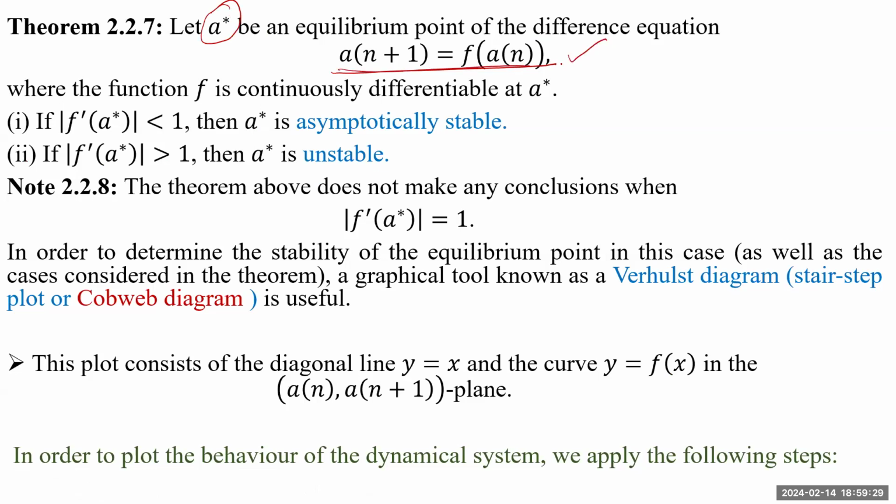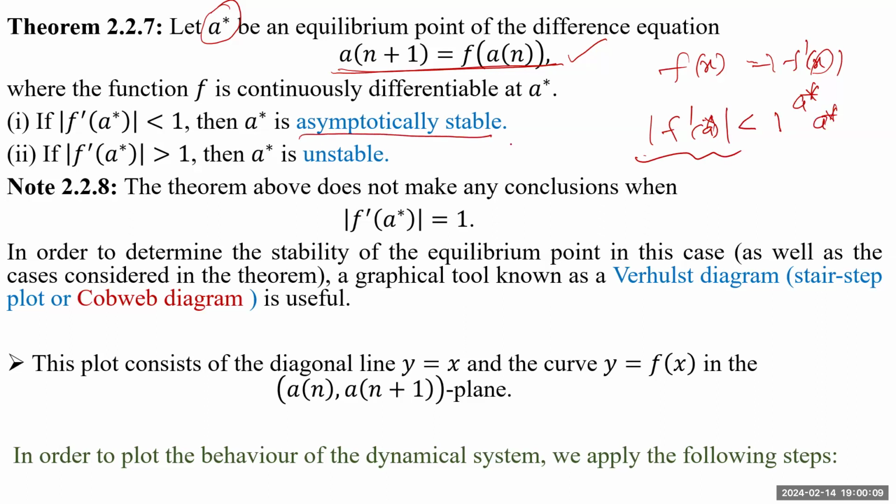Once you know the difference equation, that is, we know f of x, you have to find f dash of x, then replace x by A star, the equilibrium point, and take the modulus, right? What is this modulus value? If the derivative of f at A star is strictly less than 1, we can say your A star is asymptotically stable.